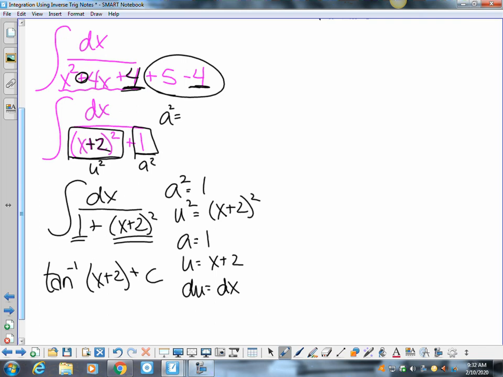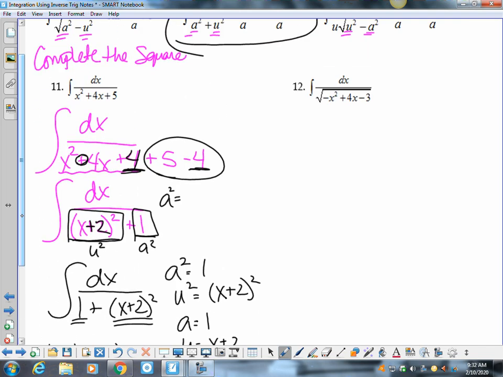Yes, it's multi-termed. If you don't put it in parentheses, that's tangent inverse of x, pause, plus 2. Bless you.